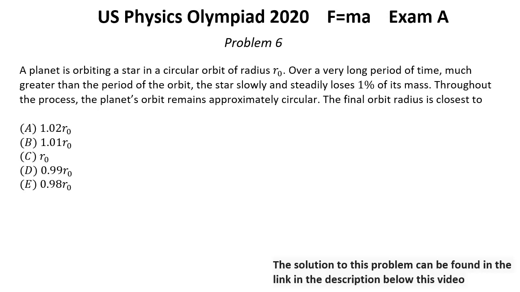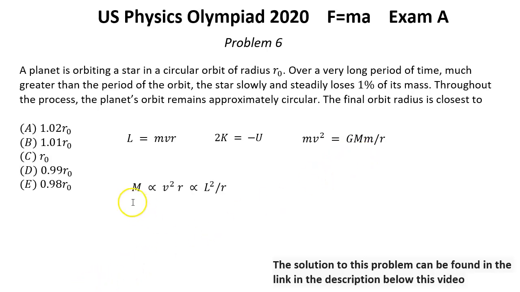Solution for problem number 6. The angular momentum, equal to mvr, is conserved. Moreover, since the orbit is always circular, the kinetic energy and potential energy are related by 2K equals negative U. It means that mv squared equals G M m over r, where M is the mass of the star.